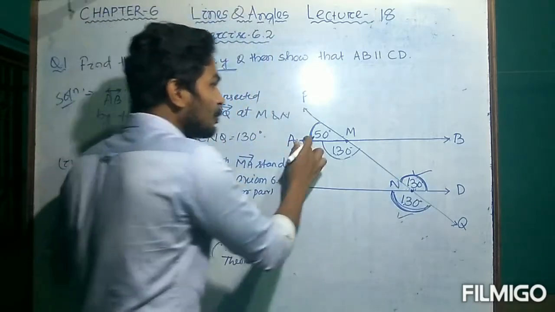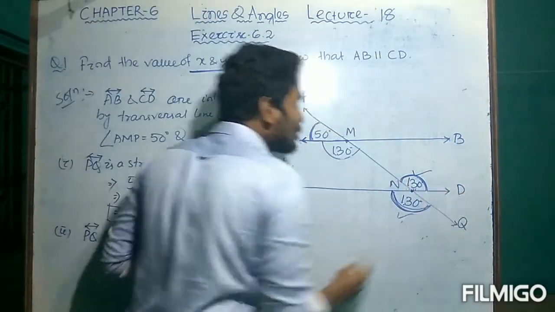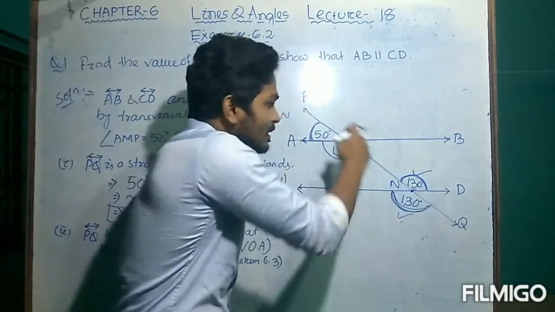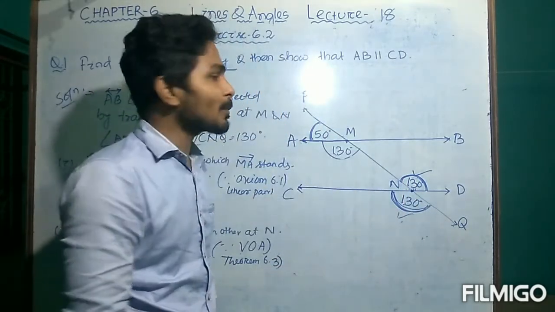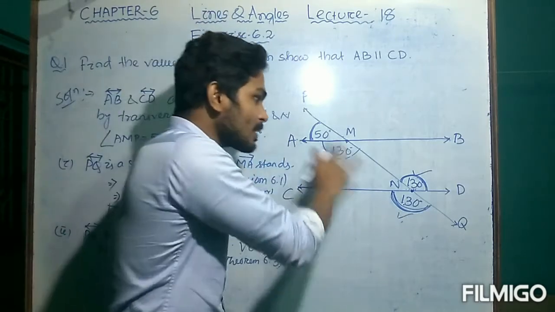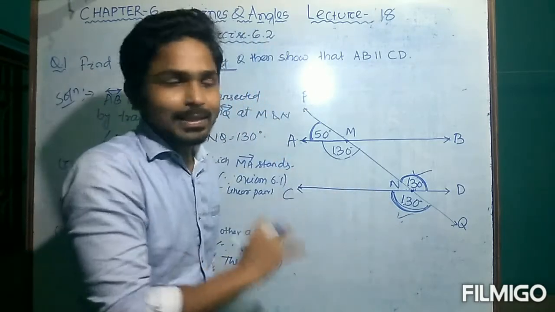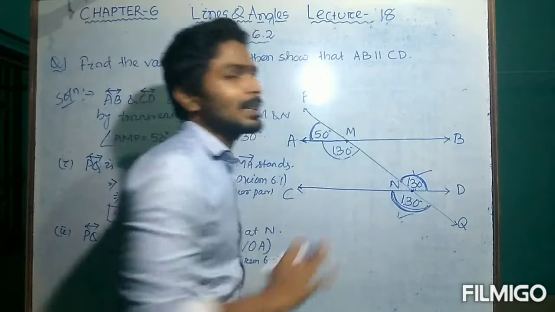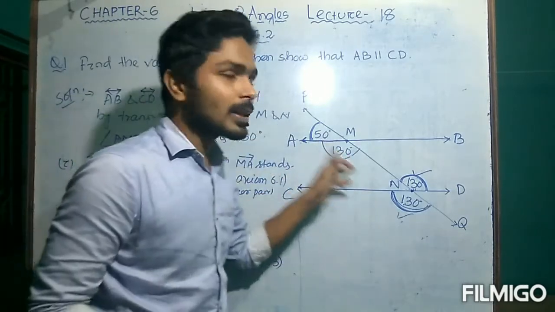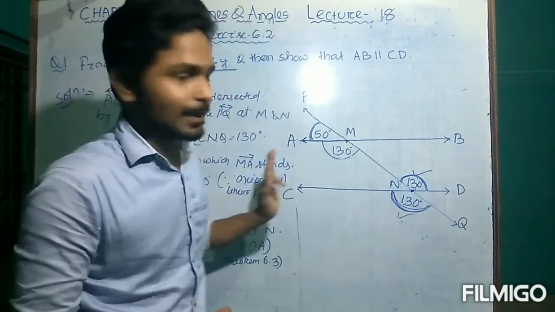Similarly, in order to prove AB parallel to CD, we have to show that whenever this transversal line intersects them, the pair of corresponding angles formed will be equal. If we can show that, then we can say AB is parallel to CD. So now we have to find the pair of corresponding angles formed here.